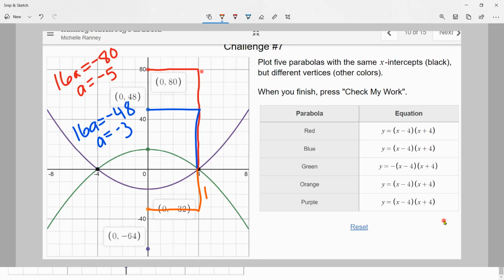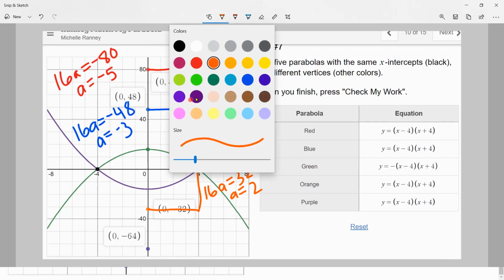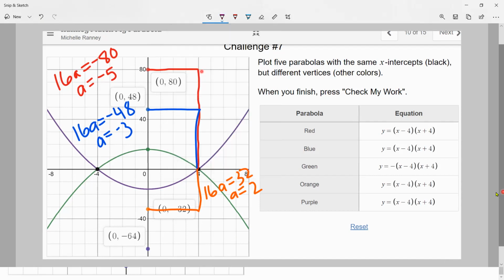So again, I took 16 times something to get me 32, and that's going to be a 2. For the purple one, again, I went out 4, and we went up 64. So 16A is equal to 64. My A is going to be 4.